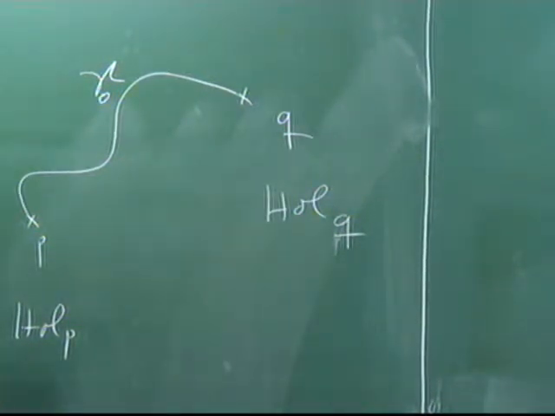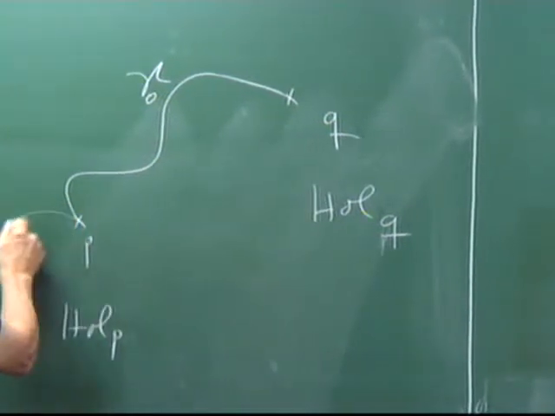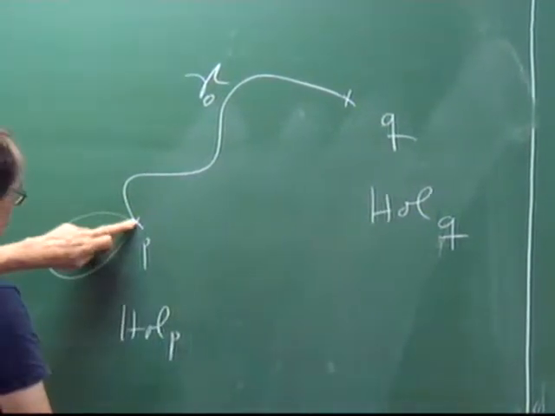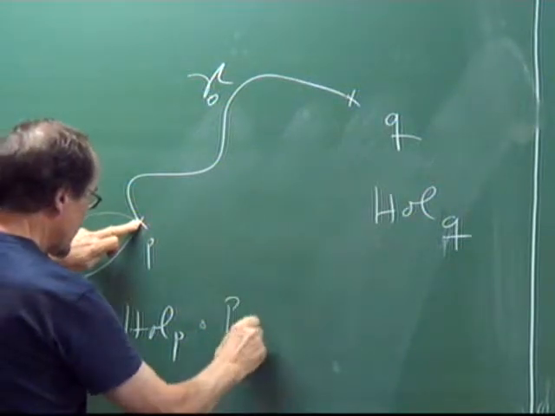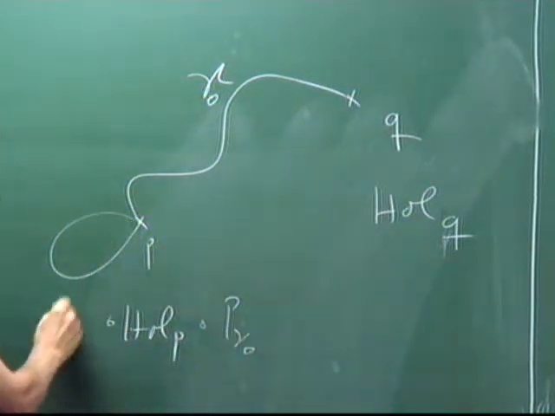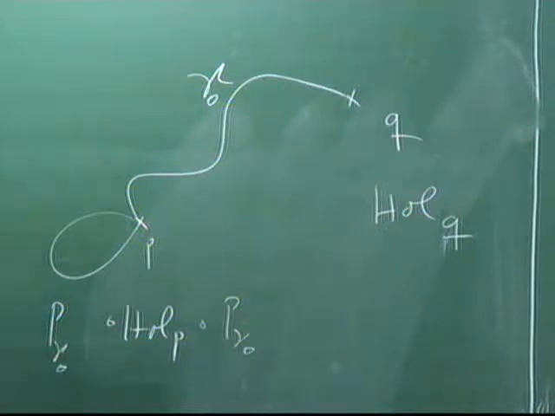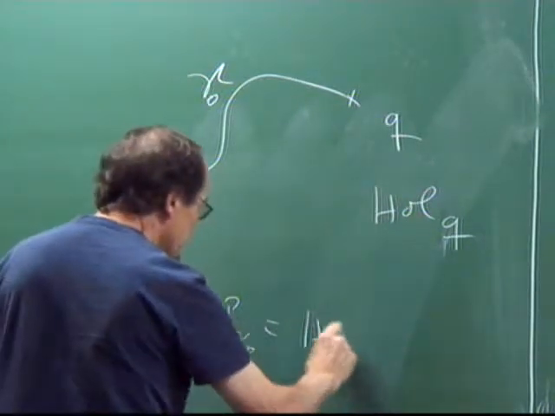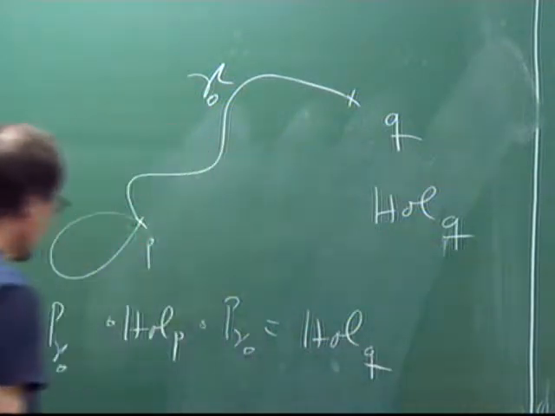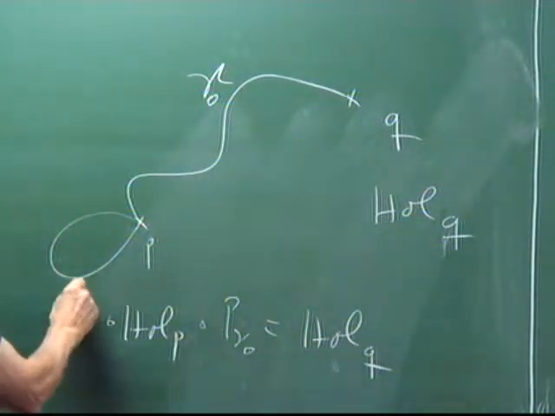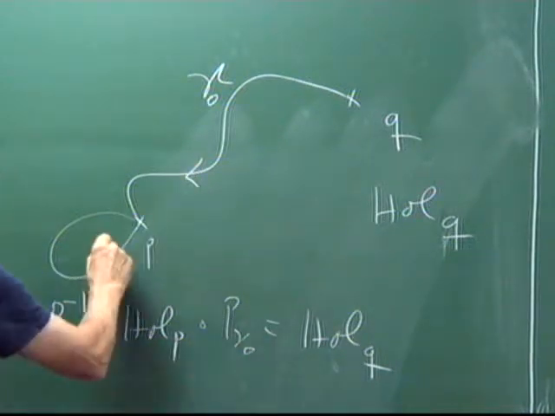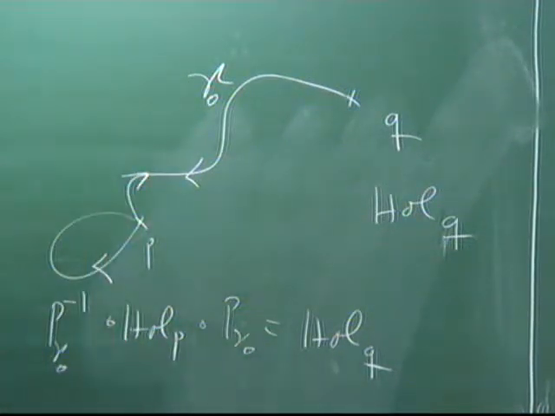So I could first take some closed loop here. Which way around do I want to do that? Or should I take an inverse? I want this to be Hol_Q. From Q to Q, I first take gamma, then I take the closed path, and I take gamma inverse.